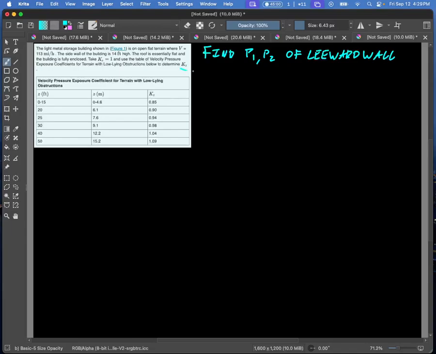So we're asked to determine KZ for low-lying obstructions. Let's say we're given V equals 113 mph. In our equation, 0.00256 times KZ, KZT, KD, KE, V squared.